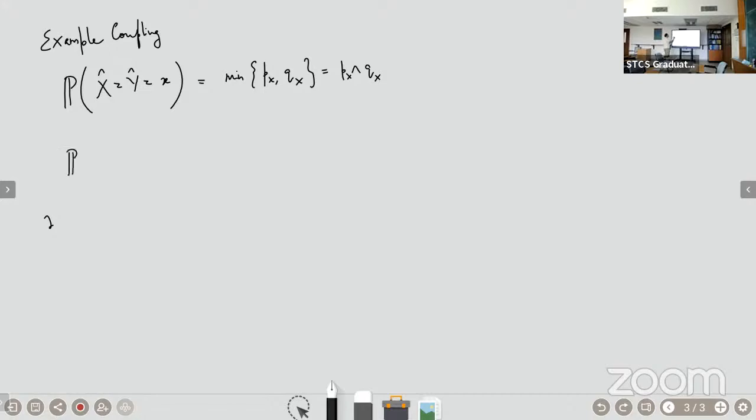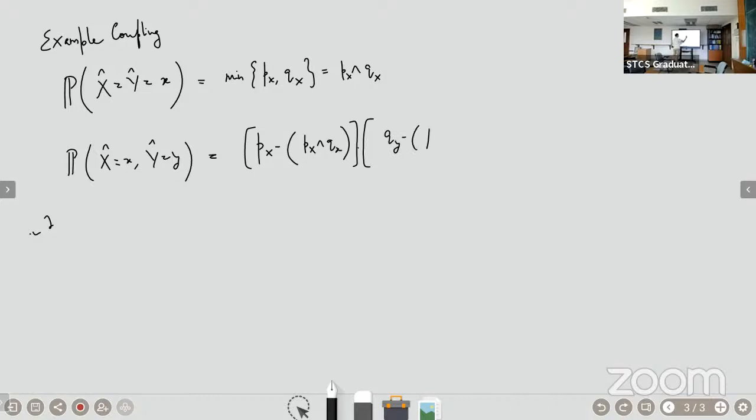Otherwise, the probability that x hat takes value x and y hat takes value y is p of x minus the minimum, times q of y minus the minimum, divided by a normalization. That's my complete joint distribution.